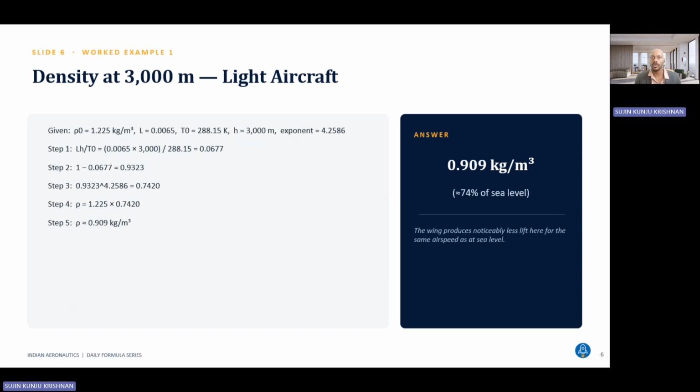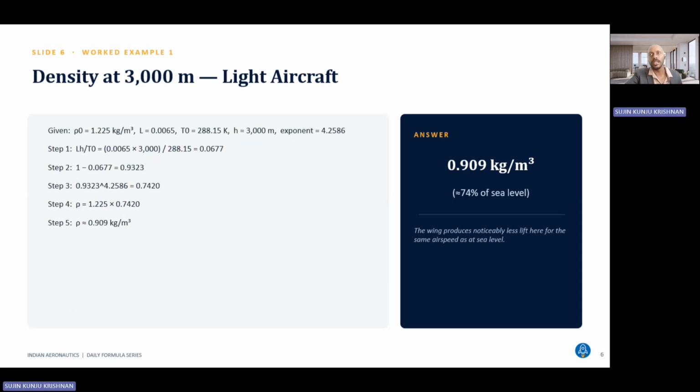Step 2, the unknowns. Rho 0 is 1.225 kilograms per cubic meter. L is 0.0065. H is 3,000 meters. T0 is 288.15. Step 3, inner brackets, which we already calculated on day 2.